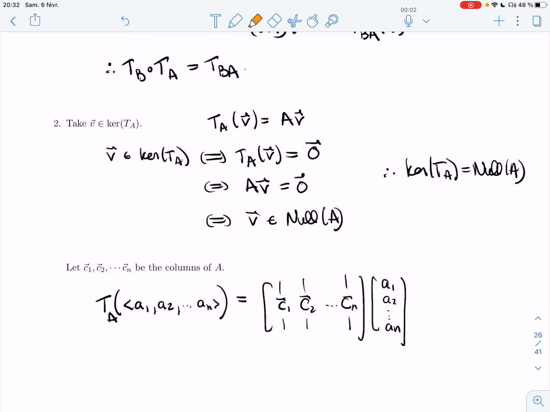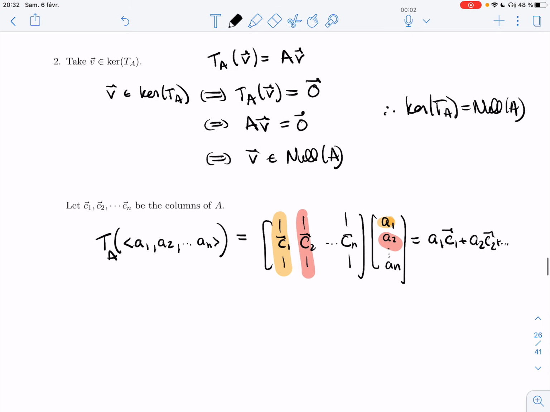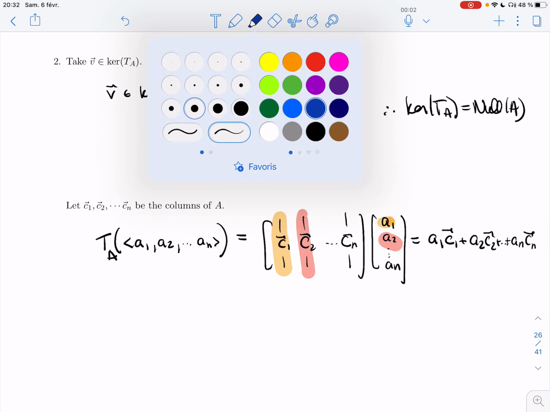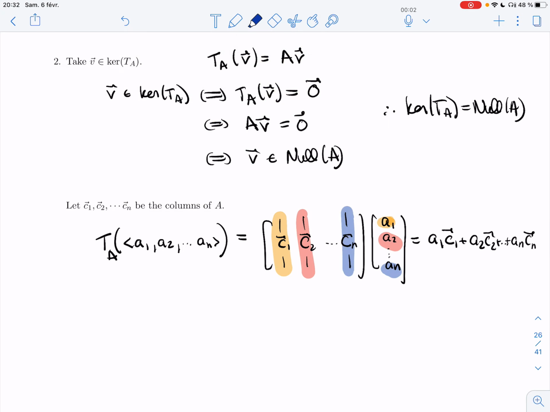And again, when we multiply a vector by a matrix, the first component of that vector will always multiply c_1. So what you end up doing is taking a_1 c_1, then a_2 multiplies c_2, so you end up with a_2 c_2, and so on. All right, so that's the function.